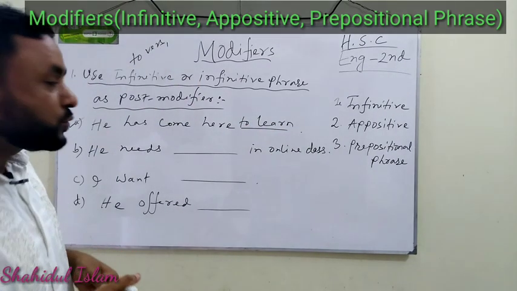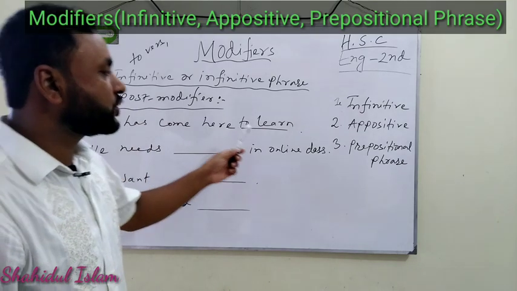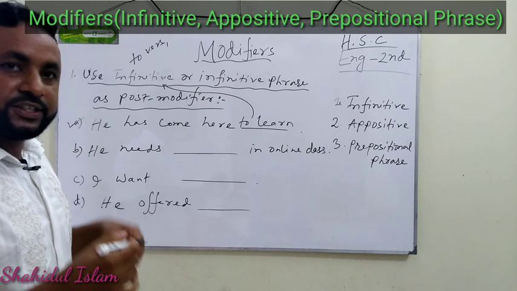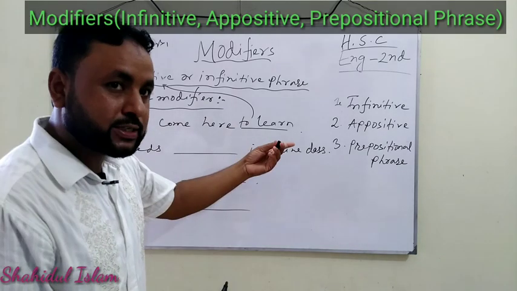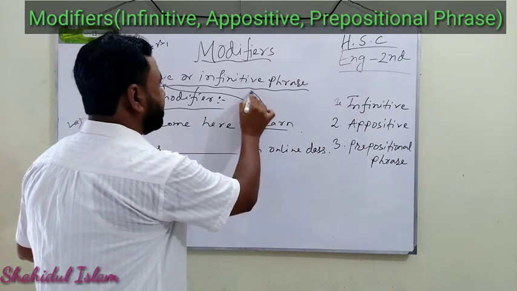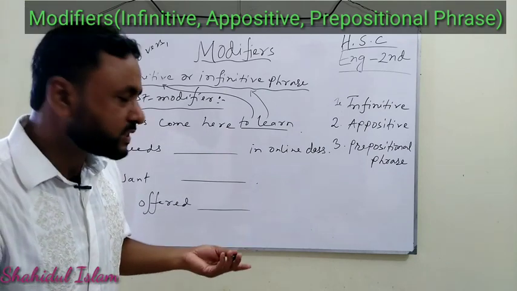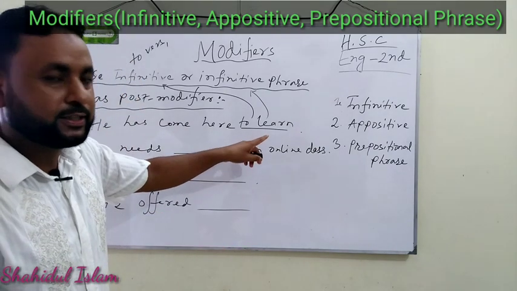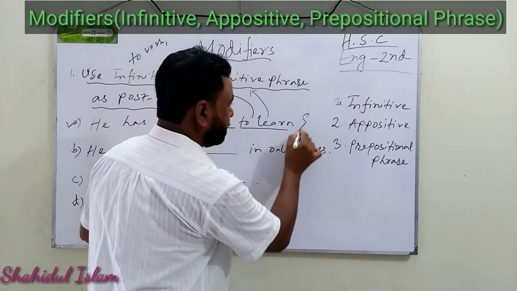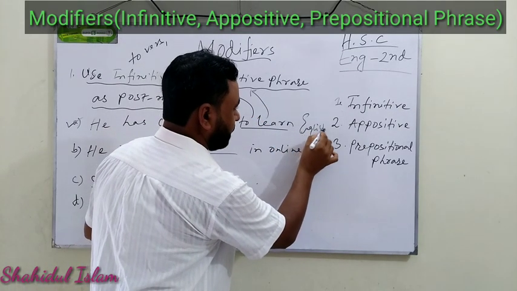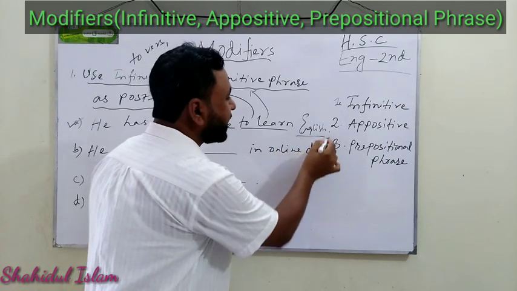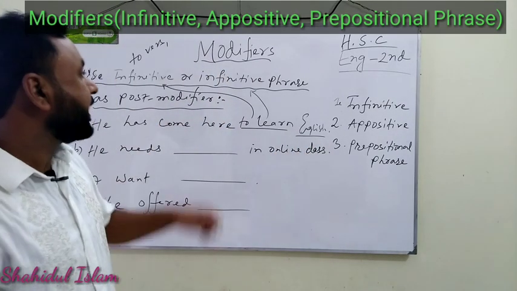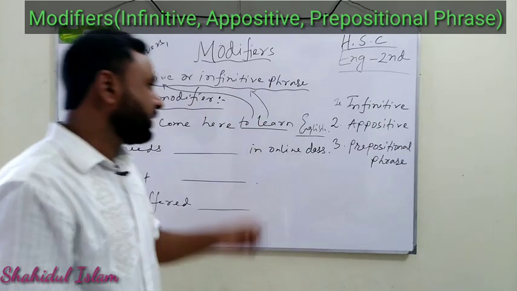If I use only he has come here to learn, it will be just an infinitive. But if you use other words, it will be an infinitive phrase. So what kind of words can we use here? He has come here to learn just English. You can use any kind of words here, and then it will be identified as an infinitive phrase.